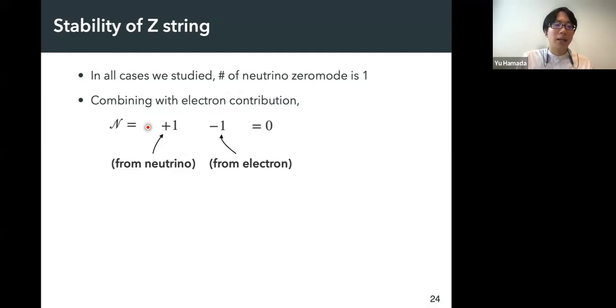And as I said before, we also have an electron here, which couples to the standard model Higgs and the Z boson. Then the total topological invariant is the sum of the neutrino and the electron. The neutrino gives 1 here, and the electron gives -1 here. And in total, this is 0 in all models, all cases.